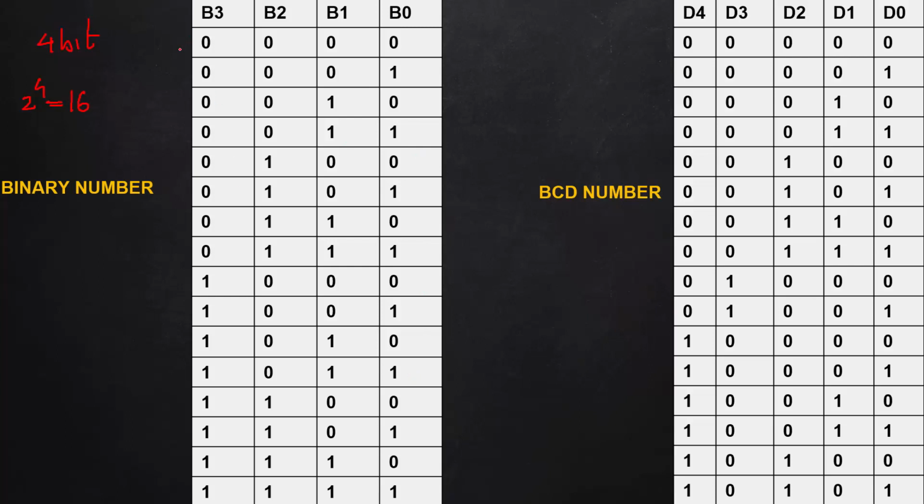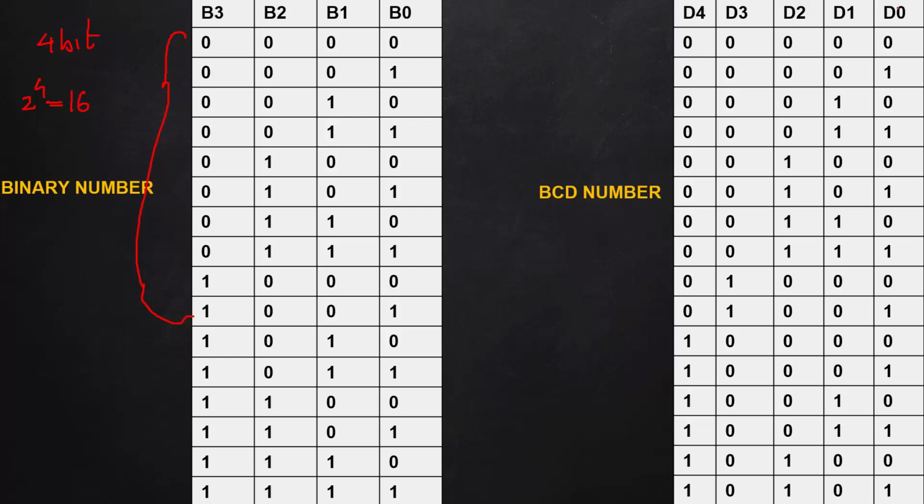We have already discussed this BCD number, and we know that from 0 to 9, the BCD and the binary representation both are the same. Beyond this 9, the binary and the BCD are different. So here consider this output table, the truth table for these outputs.